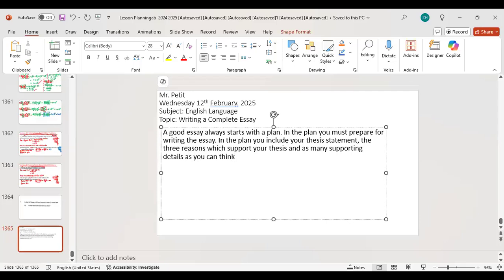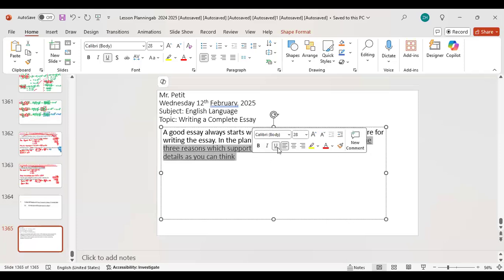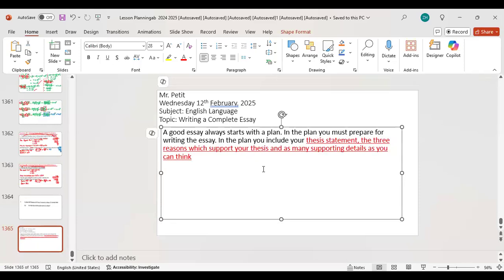That's the first part. You want to make sure that as much work is done as possible before you start writing an essay. You should only take how many minutes on the plan at most?